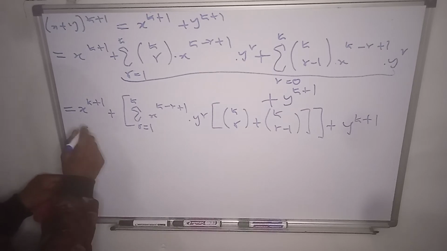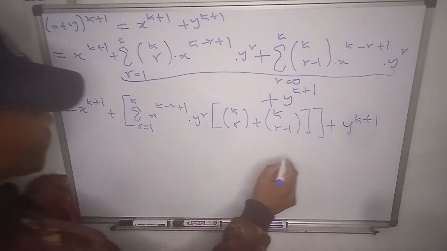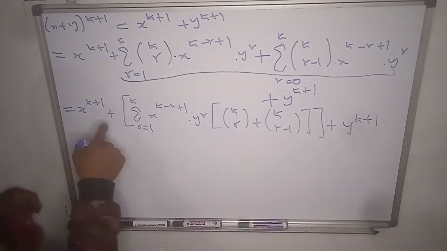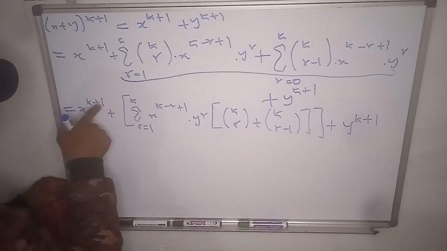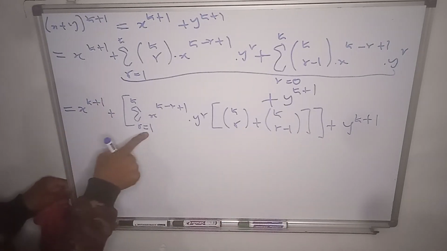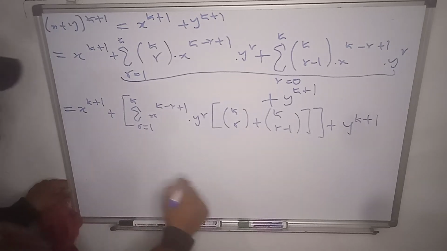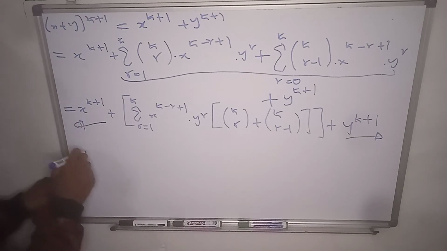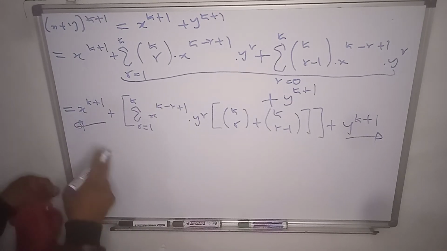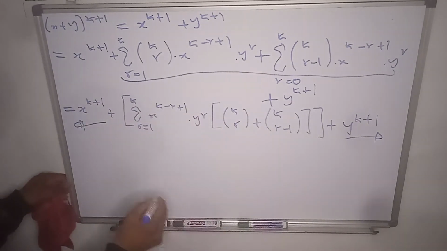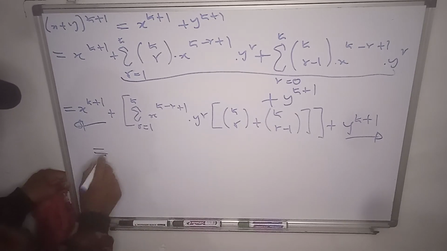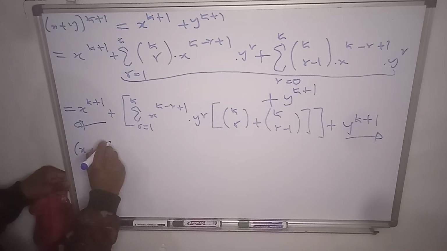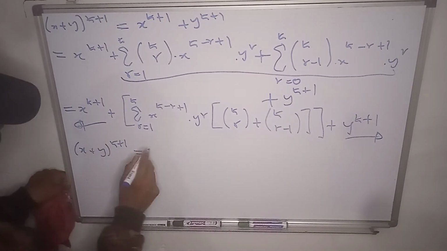So since we proved that every term will consist of 1, then therefore our r will change to 1. We can exclude this because it's already proven that every term of the binomial will contain this exponent. So we can just exclude it. When we exclude this, check what happens to the exponent, it's the same as y^(k+1).